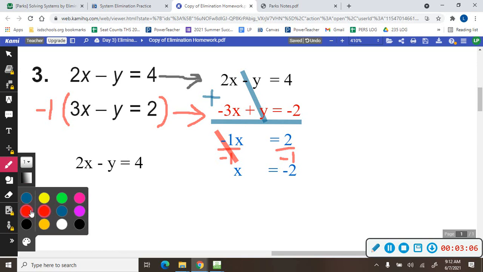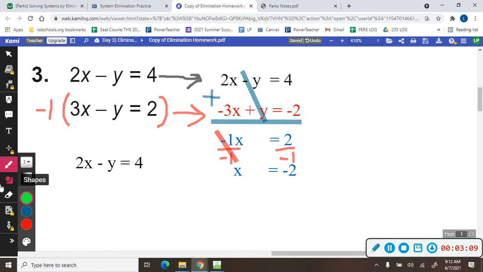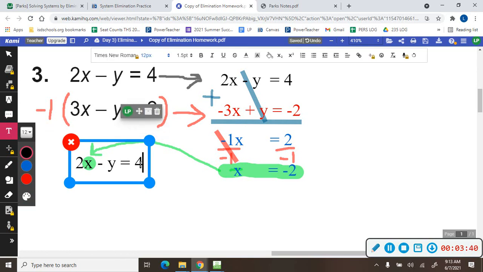But I know that x equals negative 2. So I'm going to plug that in for the x. I'm just going to substitute that in. Now I get 2 times negative 2 minus y equals 4.